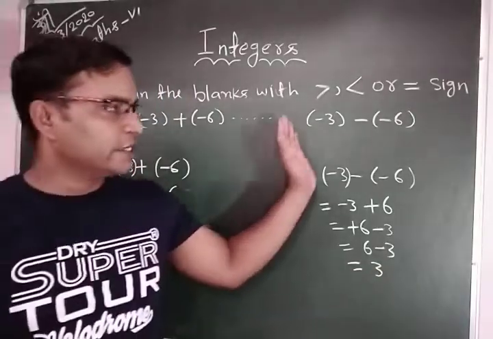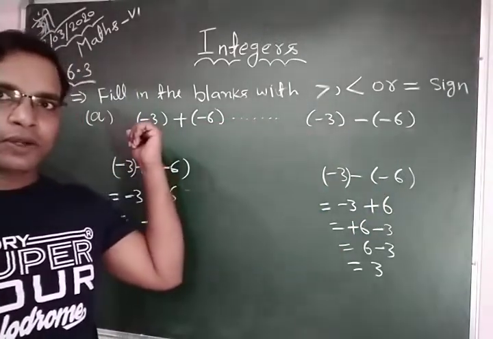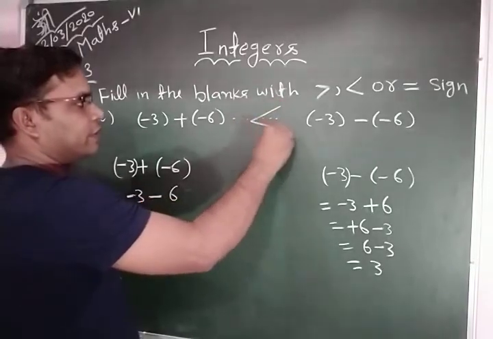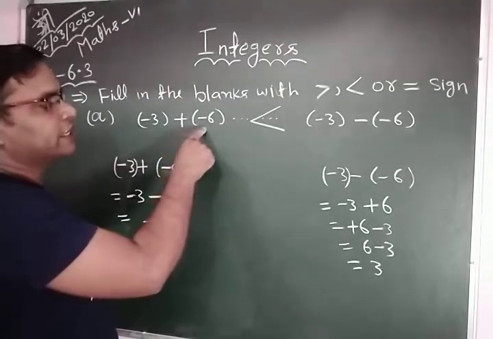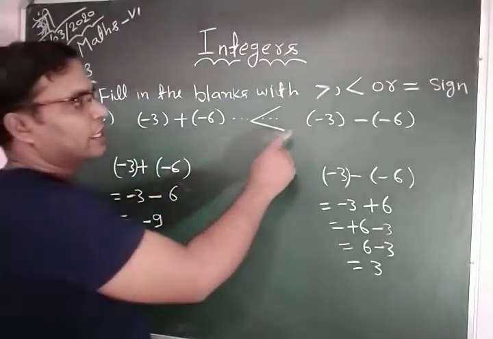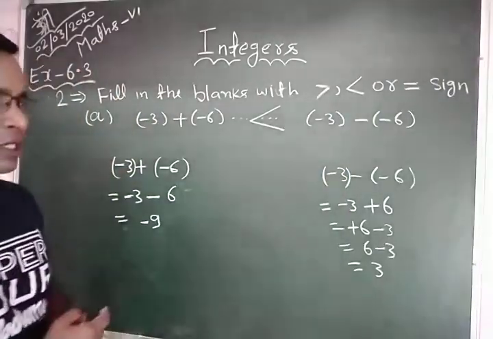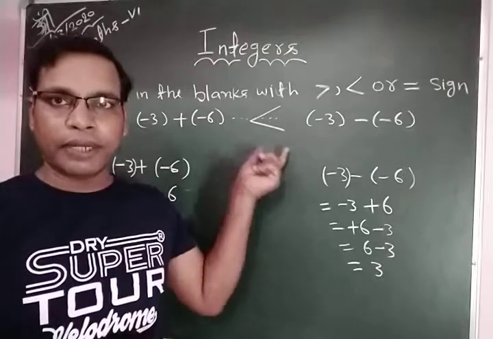So this side is greater and this side is smaller. So you can use this symbol. It means minus 3 plus minus 6 is less than minus 3 minus minus 6. So students, I hope all of you understood how to fill these blanks.